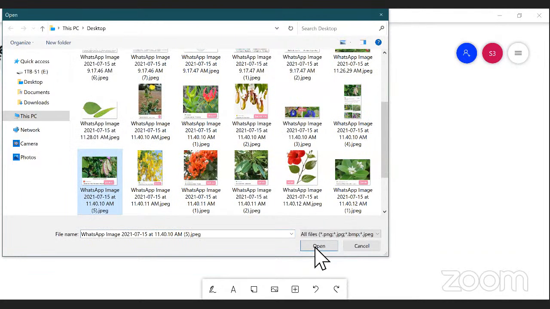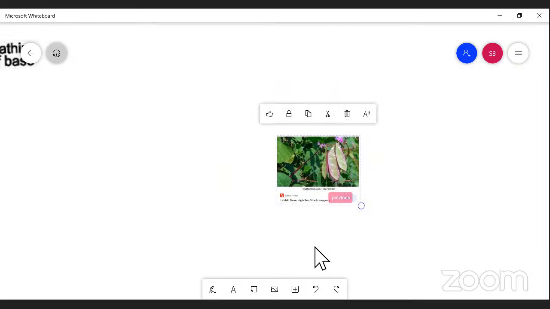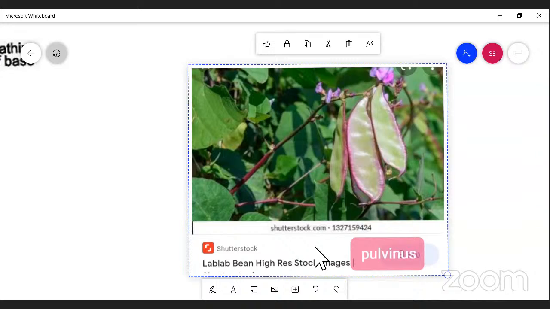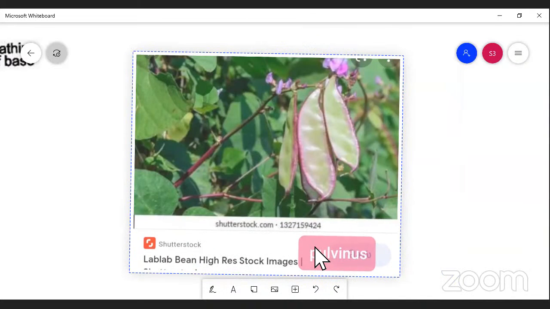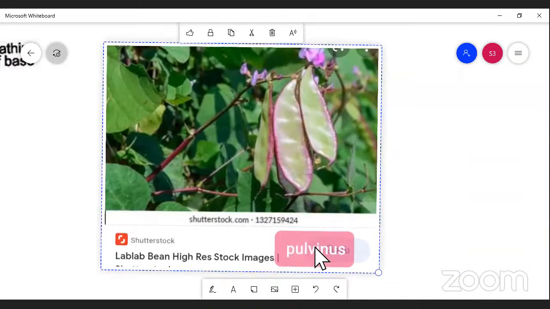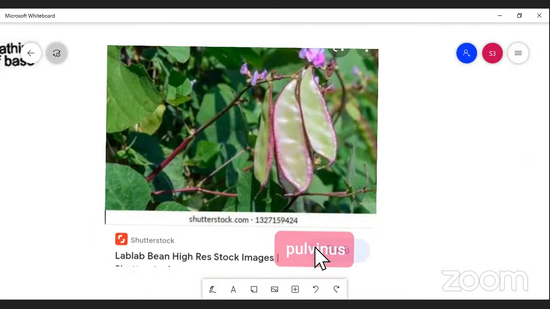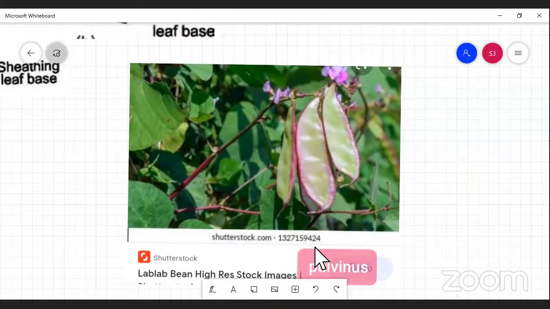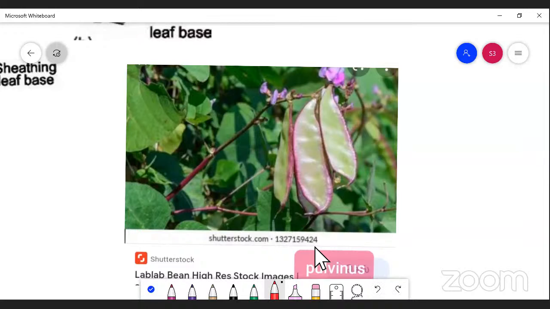This is a very interesting area, my dear students. Lablab purpureus is the binomial of bean. In the bean plant, you find the leaf base which becomes a swelling. I'm just talking about the leaf base. If you take this plant, here, this is a leaf.